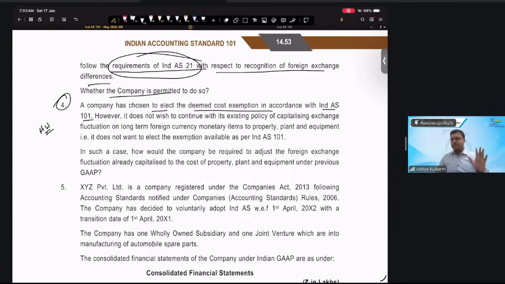Can it do that? The answer is yes, you have a transition guidance. However, it does not wish to continue with the existing policy of capitalizing exchange fluctuation on long-term foreign currency monetary items to property, plant and equipment.